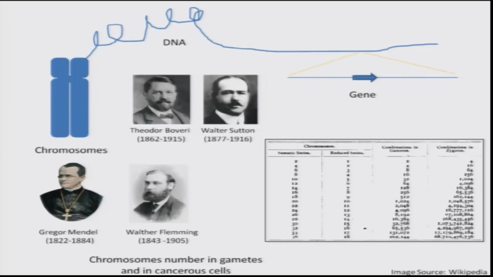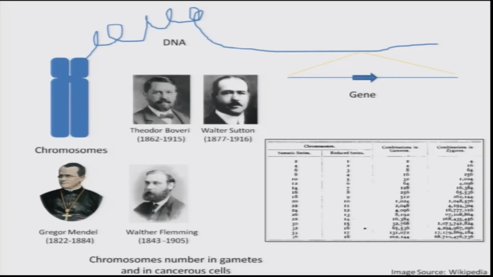He showed that a cell undergoing meiosis, at the end of the cell division, has half the number of chromosomes. You can see what he called the somatic series, the chromosomes he had named by then; if it is 2 in the somatic series, in the reduced series it is half of it.